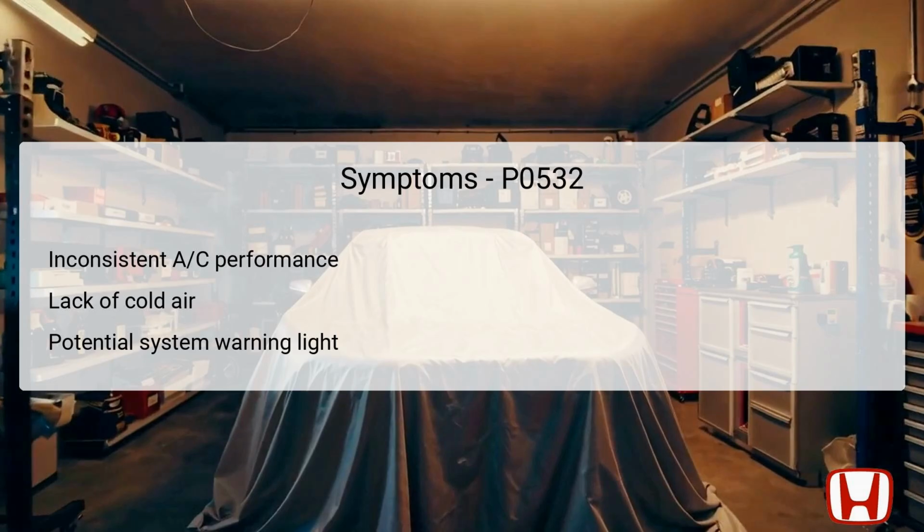Additionally, in some instances, a warning light may illuminate on the dashboard, indicating a malfunction. Observing these symptoms often prompts further investigation into the AC system and its associated components, especially the pressure sensor. Hence, understanding these symptom patterns can help in diagnosing the root cause more efficiently.